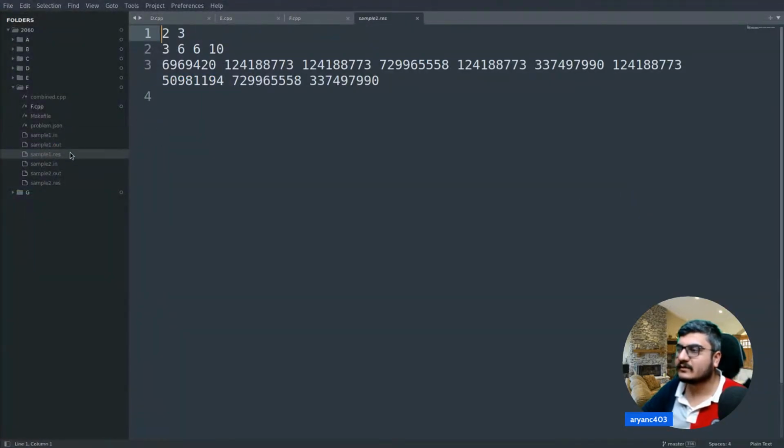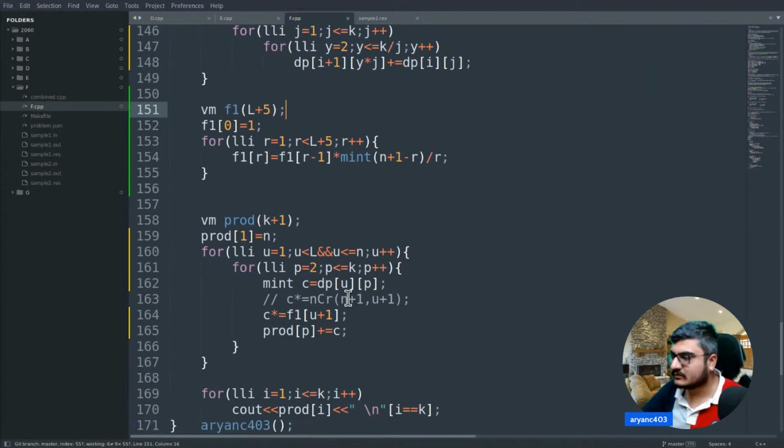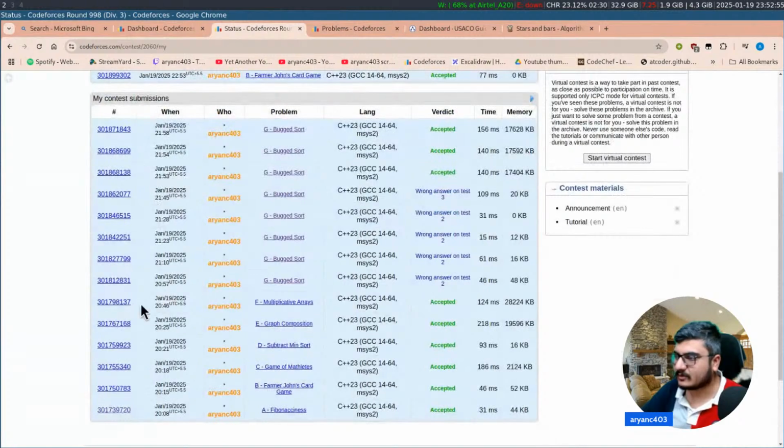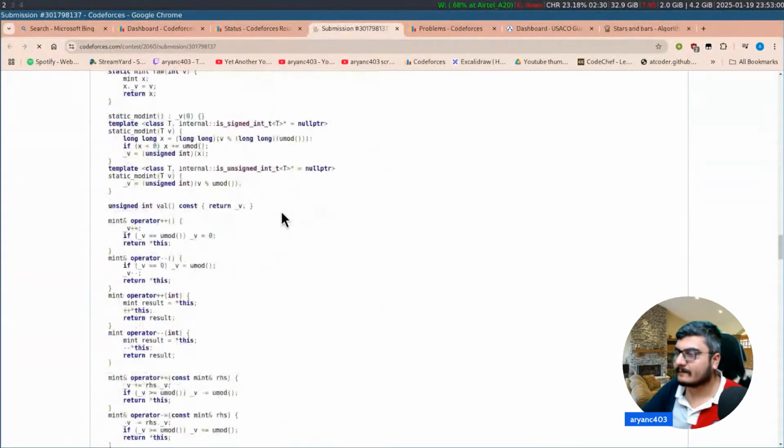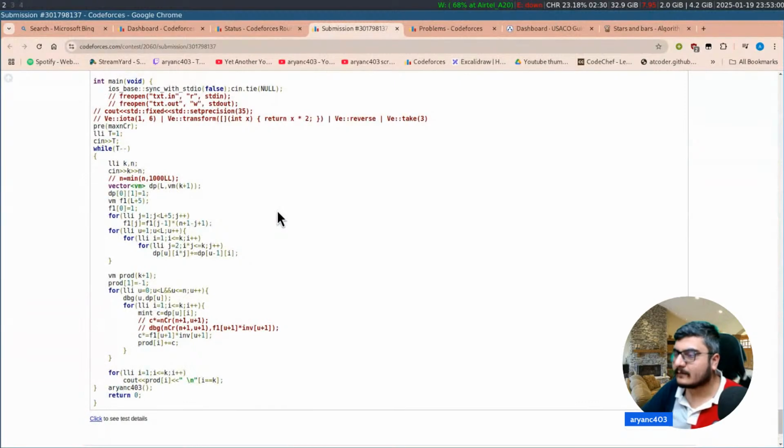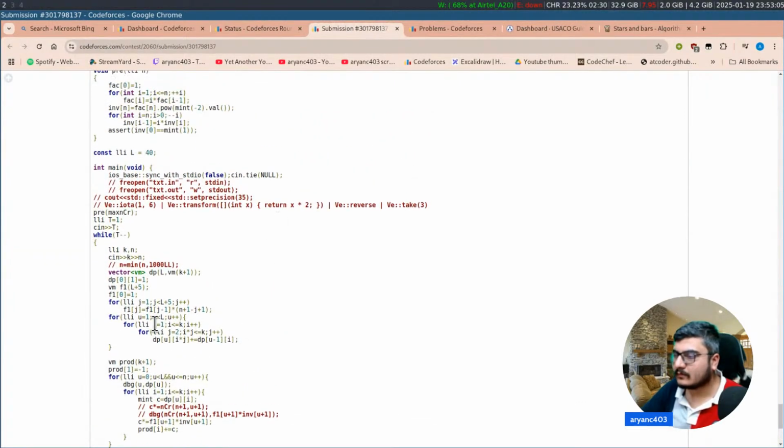Wait one second. Looks like I'm missing something here. Is it supposed to be...? Let me just check the formula I had. I think I'm missing something here.